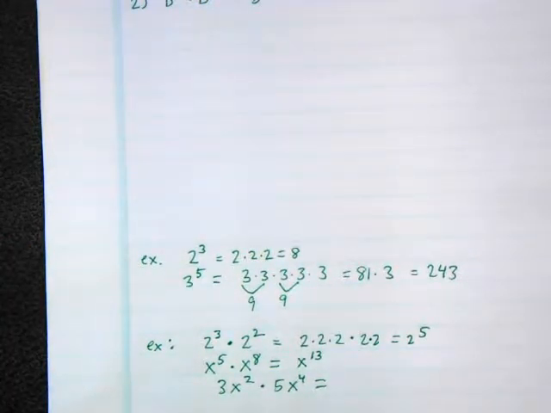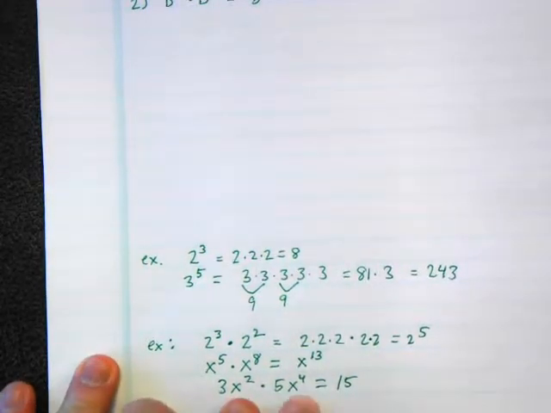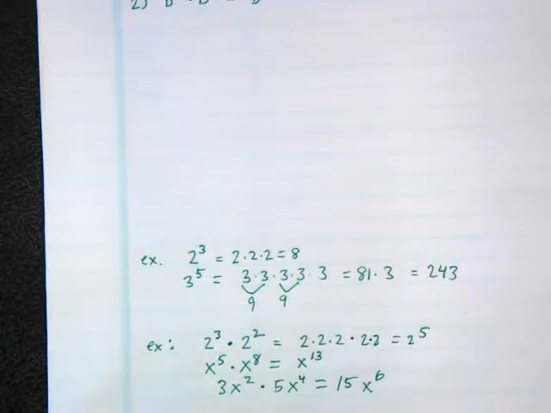How would you simplify that? You multiply the numbers. 3 times 5 is 15, and then you add the exponents, x to the 6. Excellent. Very good. Questions on that one?